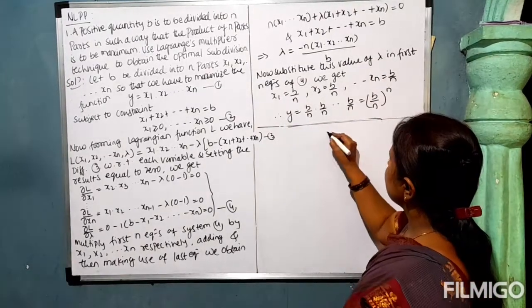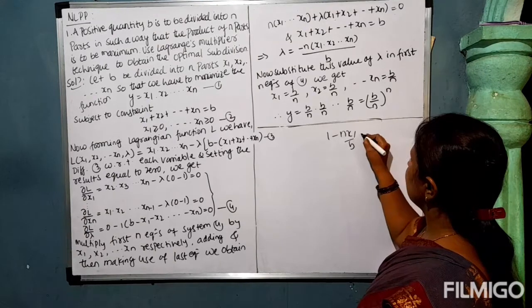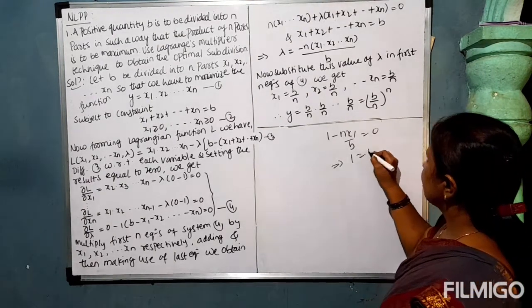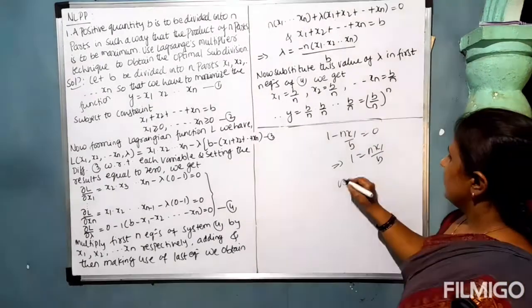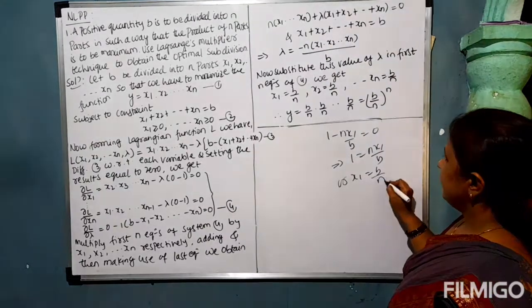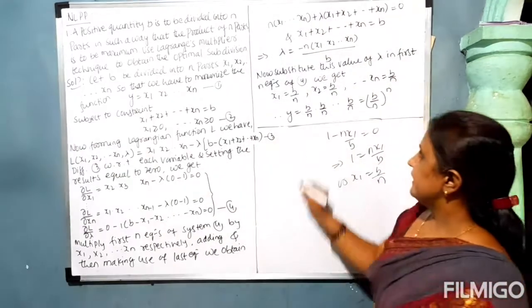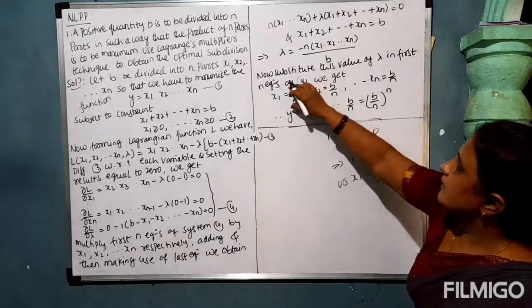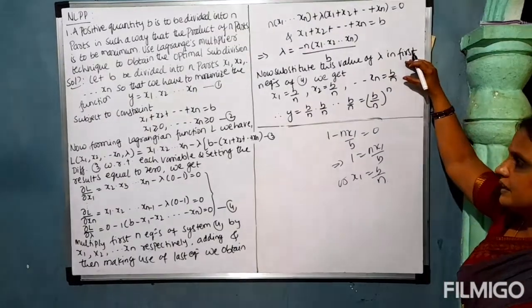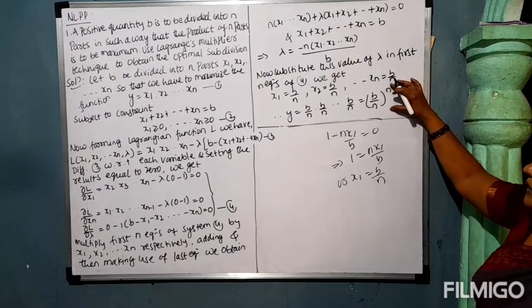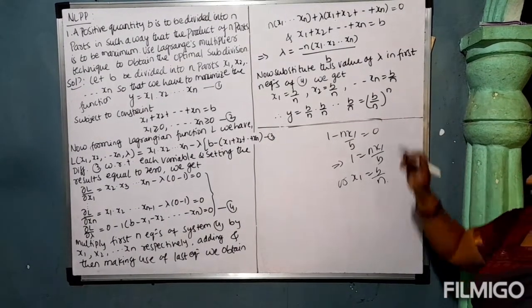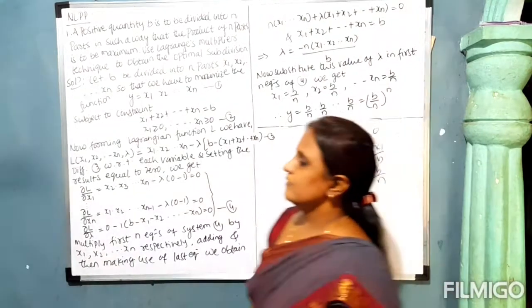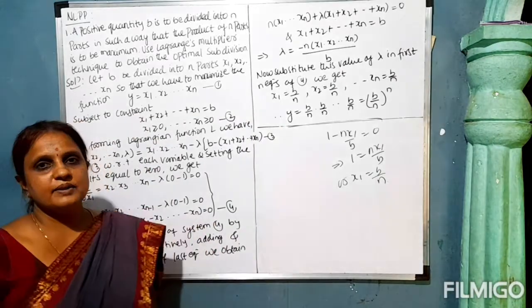So 1 minus n x1 by b equal to 0 implies 1 equal to n x1 by b, or x1 equal to b by n. Similarly, we get x2 equal to b by n, xn equal to b by n. We have obtained all the values of the variables, therefore the objective function is b by n whole power n. So this is the solution for NLPP using Lagrangian multiplier.